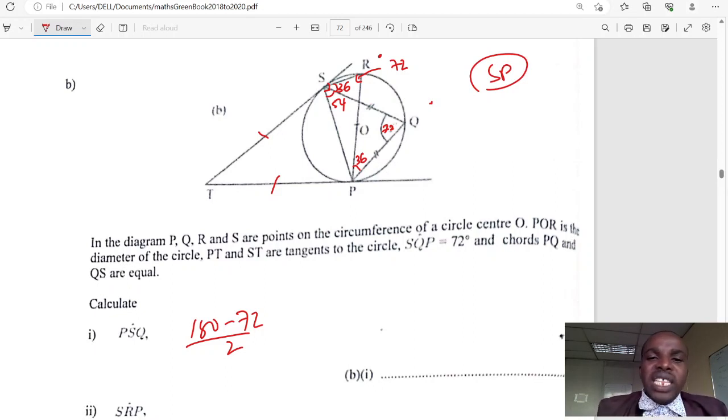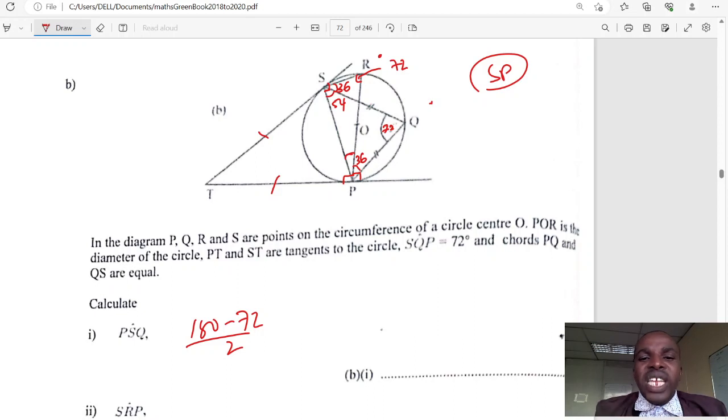Now to get the other angles, the angle formed where the tangent meets the line from the center is 90 degrees. So even this angle is supposed to be 90 degrees, and this angle is also 90 degrees. But can you find this angle here?